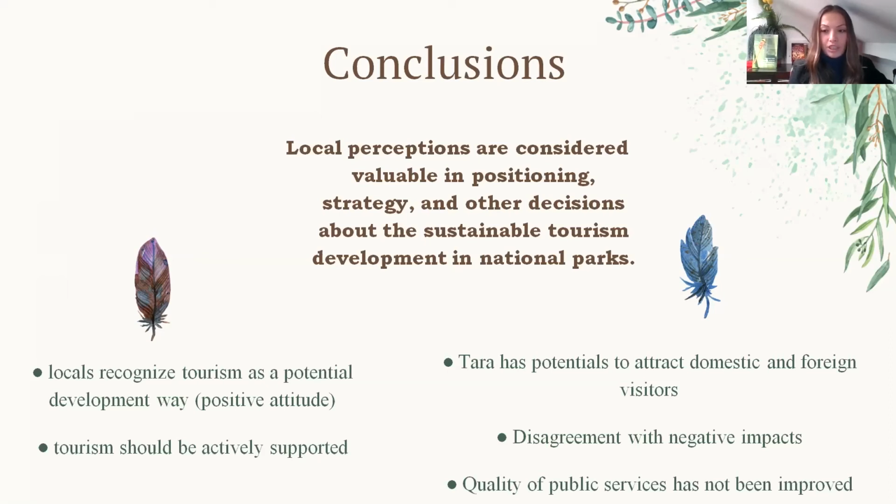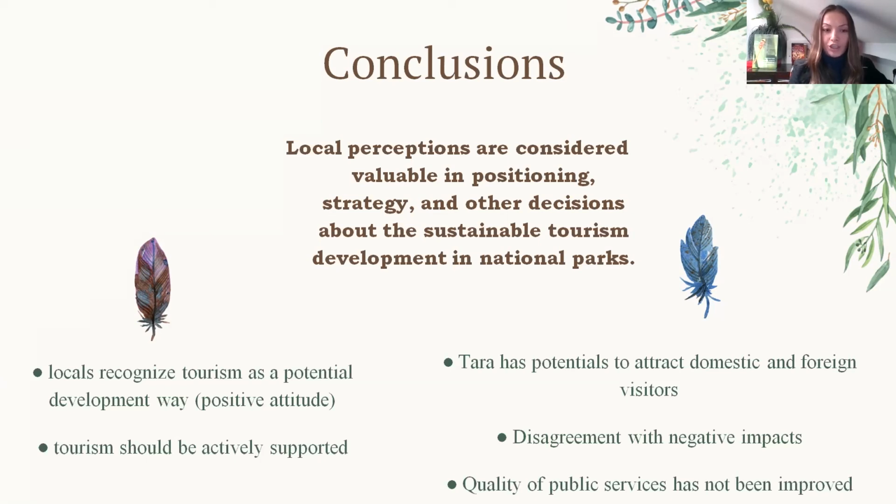Local perceptions, attitudes, and opinions are considered very valuable in positioning strategy and other decisions about sustainable tourism development in national parks. It is very important that Tara has very good support of its community, and they recognize the potential of Tara to attract domestic and foreign visitors.